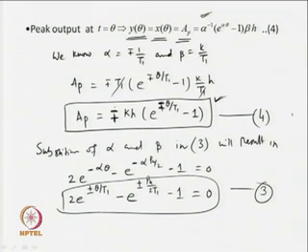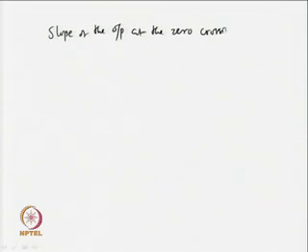But we know that the slope of the output signal at the 0 crossing is S is equal to Kh upon T1, which is given the same equation number 2. Thus, we have got 3 important equations. Let me write down those 3 important equations.